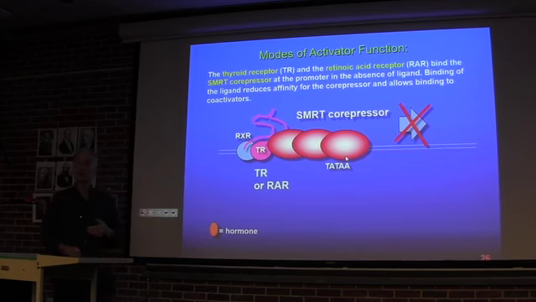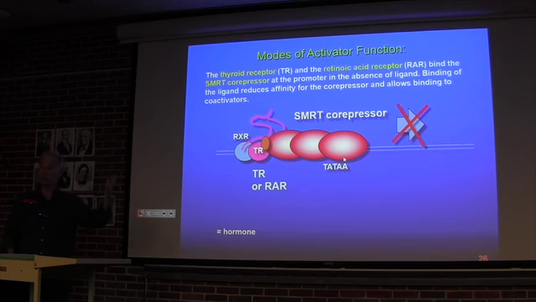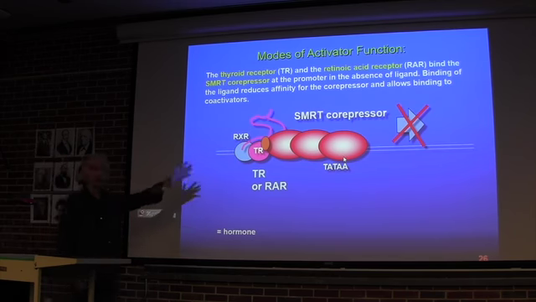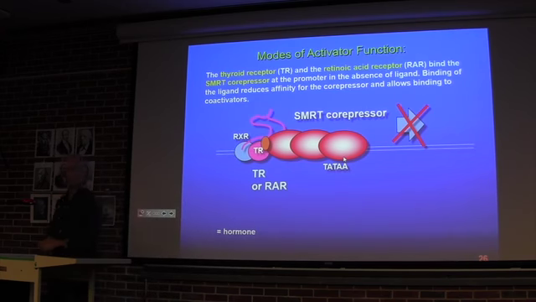So what are the steps in activation here? How much does it share with all the other members of the family? Well, when the hormone, which is the thyroid hormone, actually finds the receptor and binds it, it causes the receptor to lose affinity for whatever it's bound with. Instead of being bound to HSP90, it's pre-bound to the SMART co-repressor.